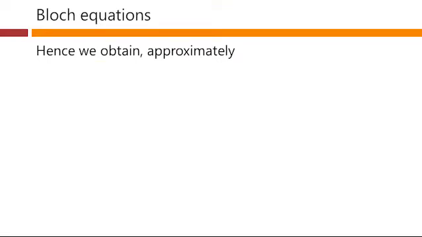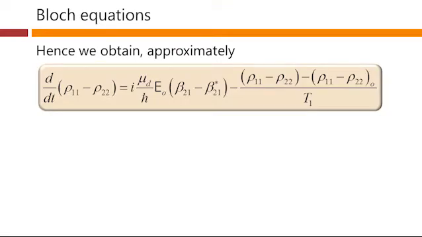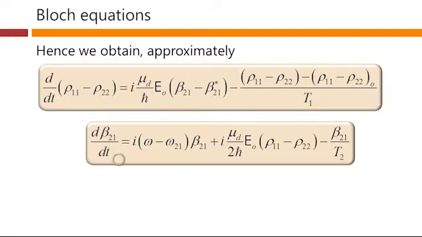Hence we obtain approximately these two equations. This one for the population difference, and this one for the off-diagonal terms, where we've taken out the underlying omega oscillation from them.